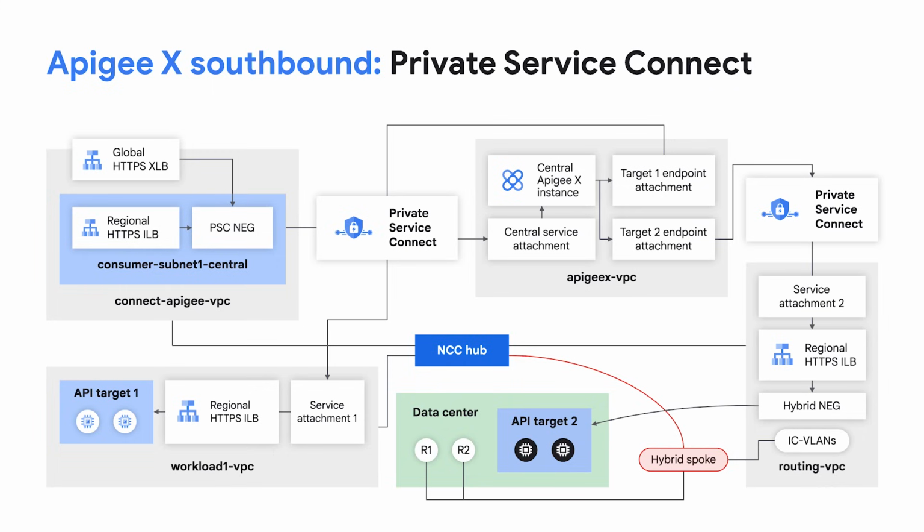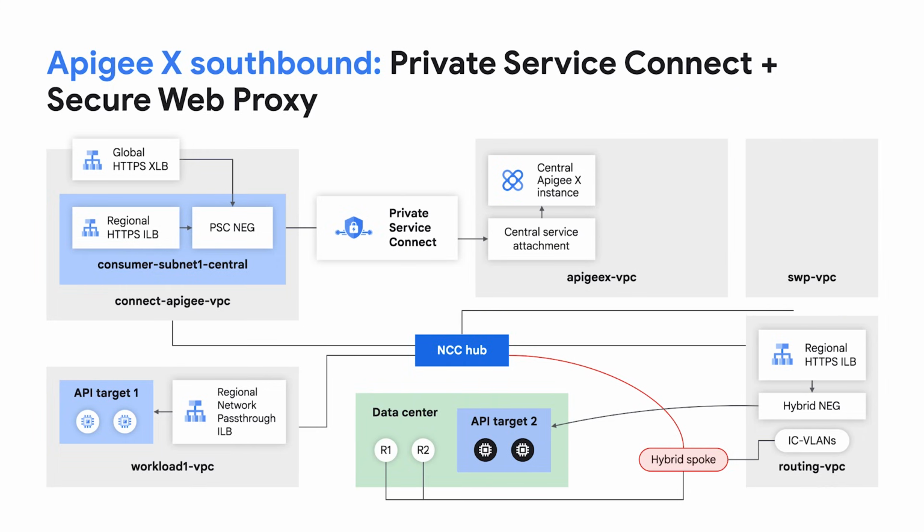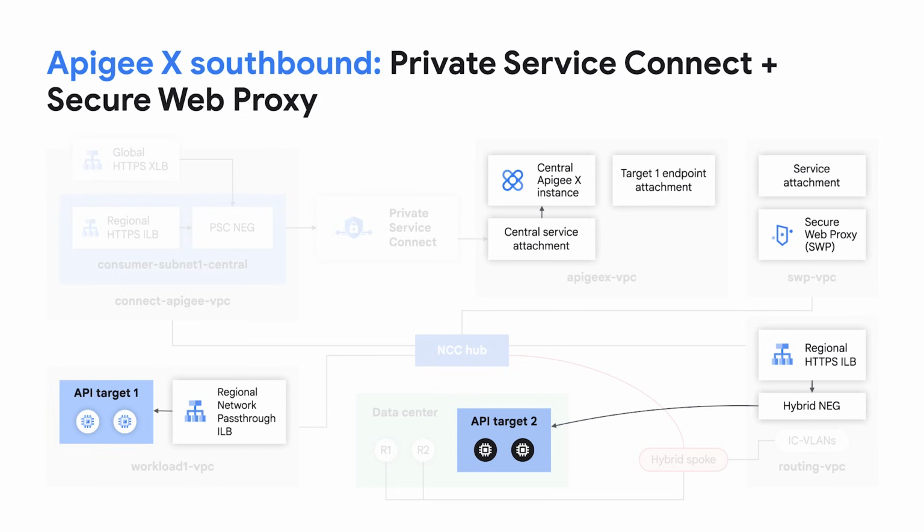The scaling of this pattern can get quite complex, so consider using the URL map of an application load balancer to expose more than one API target on a single load balancer. If you find scaling of this pattern too difficult, another PSC-only option is to deploy a secure web proxy in your NCC environment.